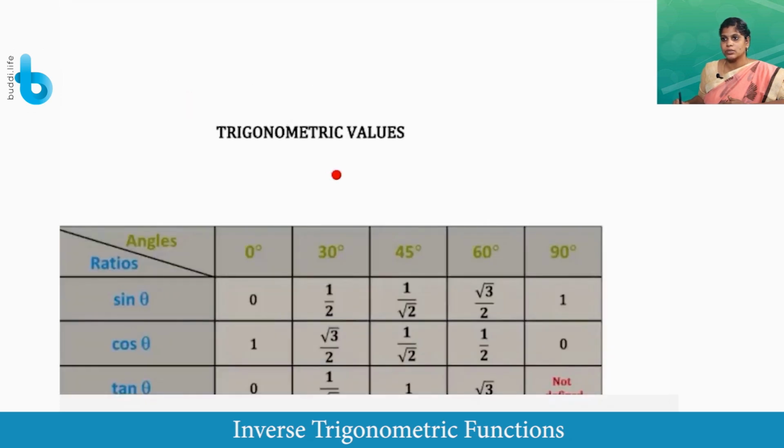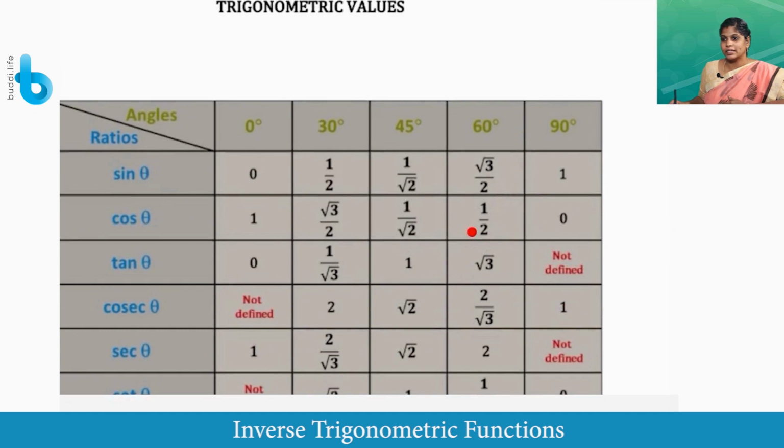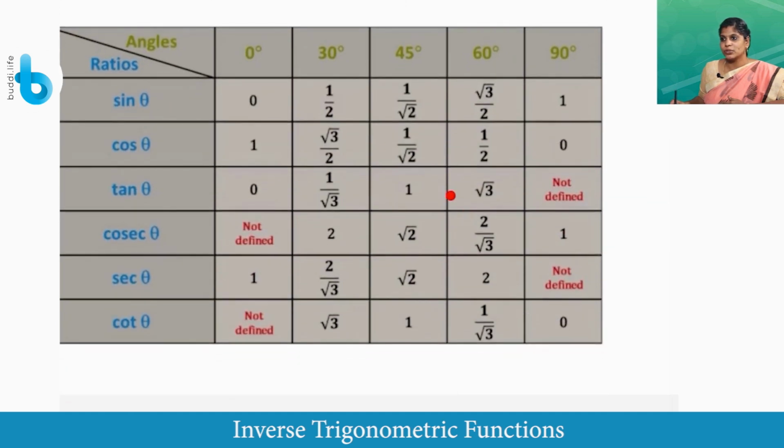So you have to check and find it out. Obviously for cos, sine and tan, it will be in memory. If not, no issue, you can write this table quickly in your rough column and find it out. For cot, you will get root 3 when the angle is 30 degree. 30 degree is pi by 6. Okay.